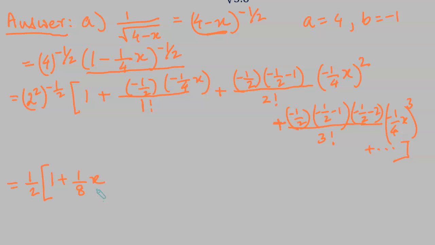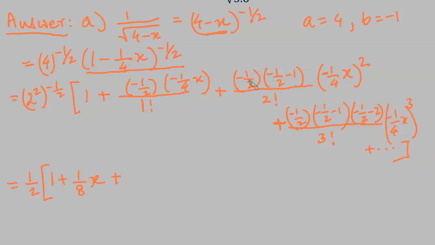Okay. Plus, this one is negative and this one is negative, so this is a positive term. And this is negative 1 over 4 getting squared, so this will also be a positive term. So it is a plus sign. And this is negative half, this is negative 3 over 2. Negative half, negative 1 is negative 3 over 2.